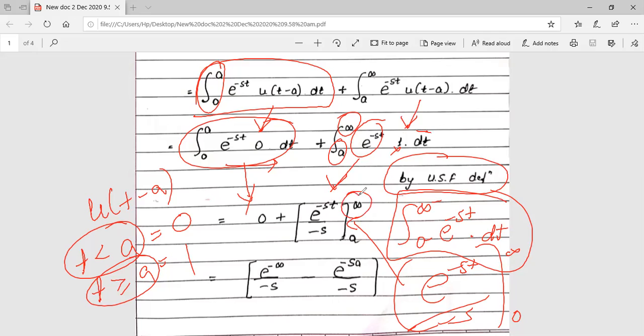When we apply the limits, upper limit minus lower limit, it means e to the power minus s into infinity divided by minus s, minus e to the power minus s into a, this is your lower limit, divided by minus s as it is.